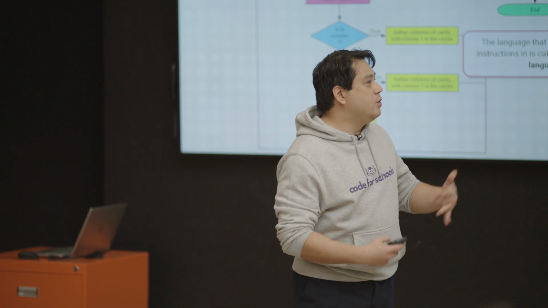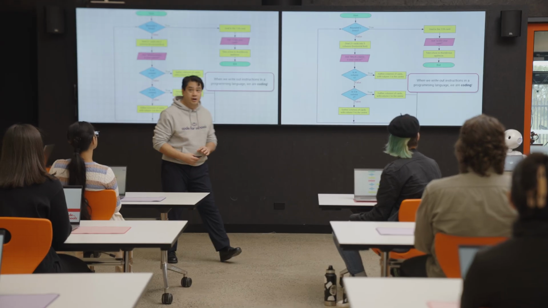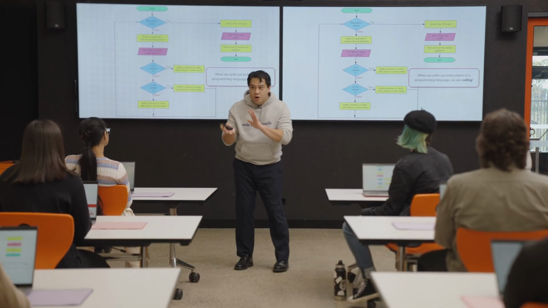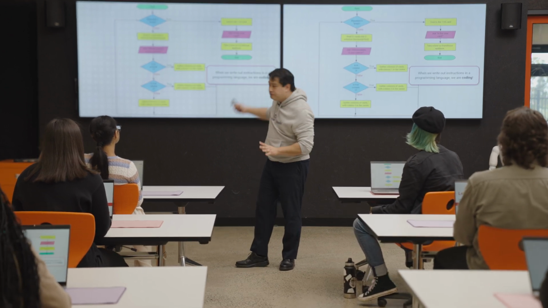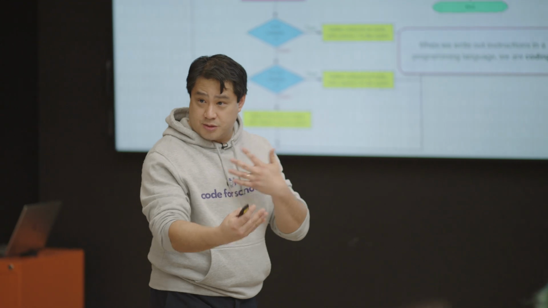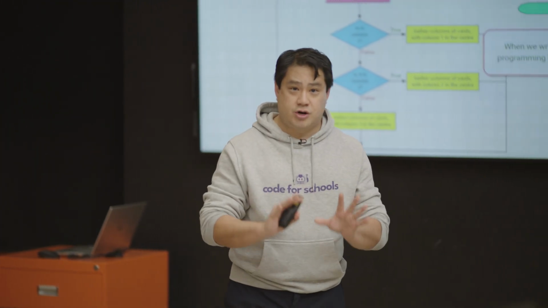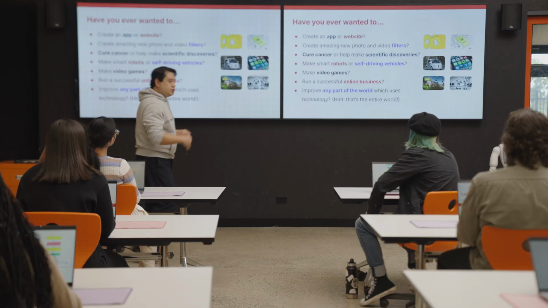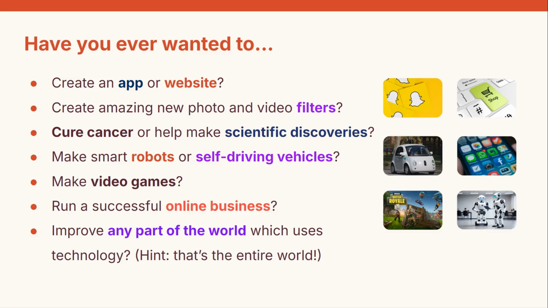And so when we actually write the instructions in the programming language, that is called coding, okay? So there's a whole kind of different words there that are all related. So we've got algorithm, which is the step-by-step. We have the programming language, which is what the computer understands. And then when we are coding, we are actually writing those instructions so that the computer can follow it in its programming language, okay? So to tie it back into coding, if you have ever thought about any of these things, all right?